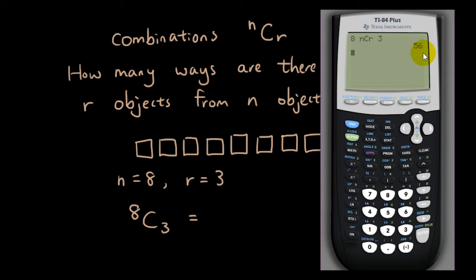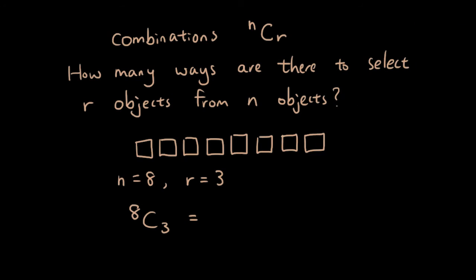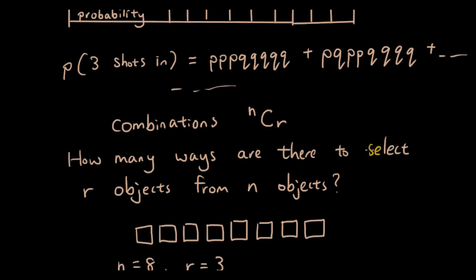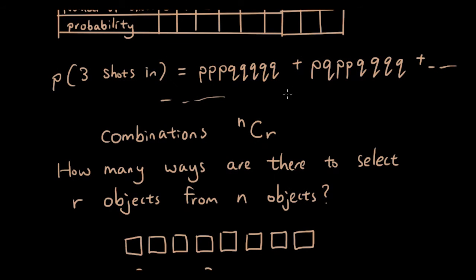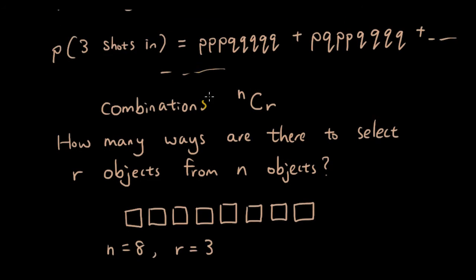So there are 56 ways we can write out 3 P's and 5 Q's. So we're not going to keep going like that because we already know that there are 56 ways.